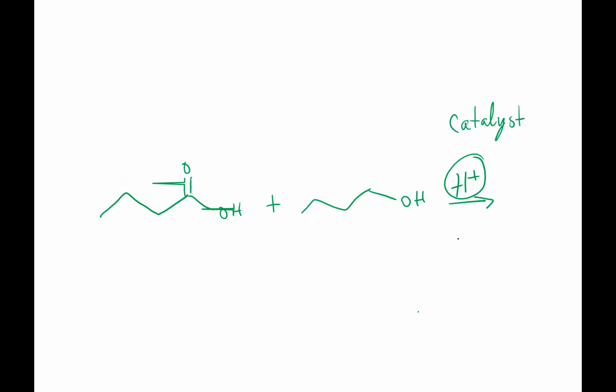Okay, but notice this is a reaction. It's not equilibrium. They're not the same thing. And again, all the catalyst did was help the reaction happen faster. You can't say it made it shift left or right because there is no left or right in a chemical reaction.